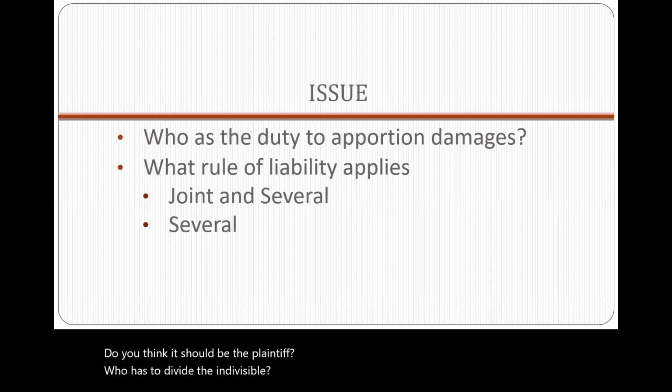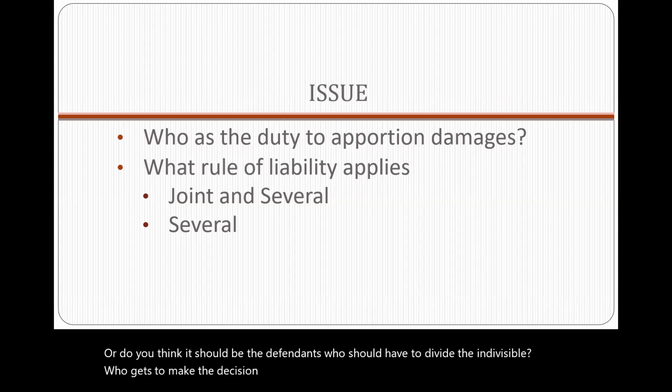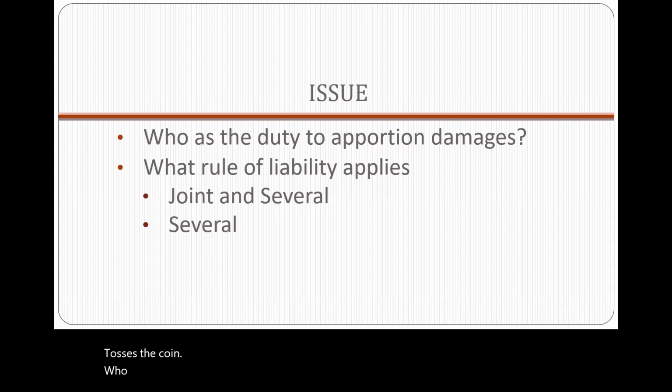Or do you think it should be the defendants who should have to divide the indivisible? Who gets to make the decision? Who tosses the coin? Who gets to choose first? That's the first issue. Where does this burden lie?